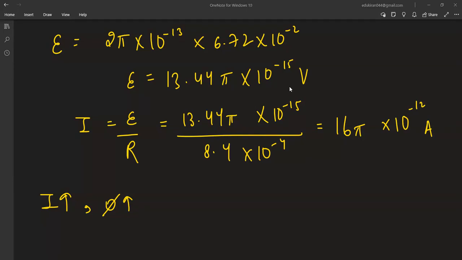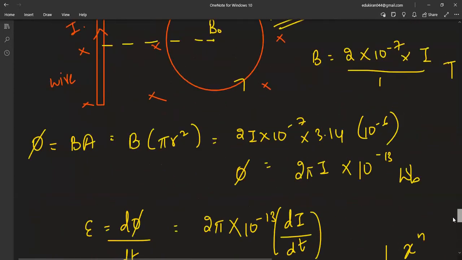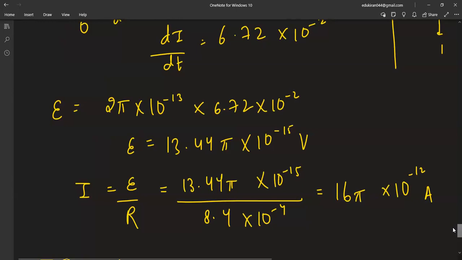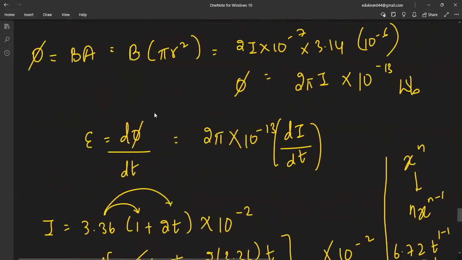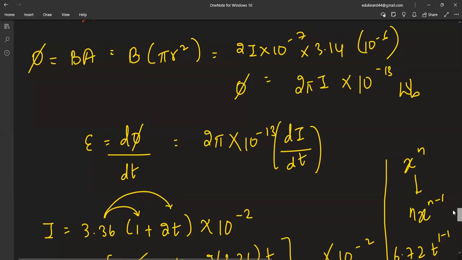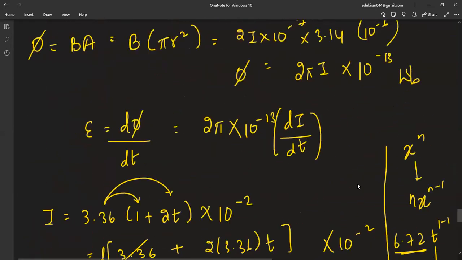Anyways, while you are calculating, you can note it down later also, write down the solution first. So the basic step is that I is equal to E by R. We wanted to calculate E, we didn't know. And in order to find E, we had to find d phi over dt. Phi we calculated using dA, and for the magnetic field, we used the formula of magnetic field due to a straight wire, because we had no information about the magnetic field at the center.